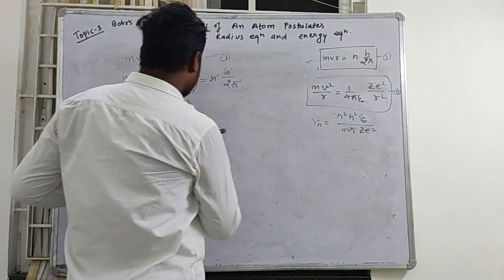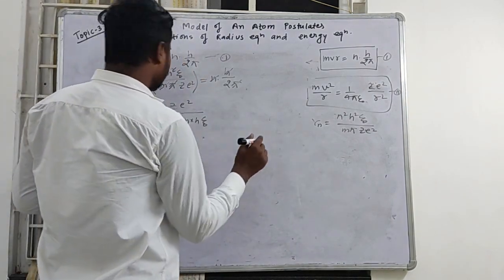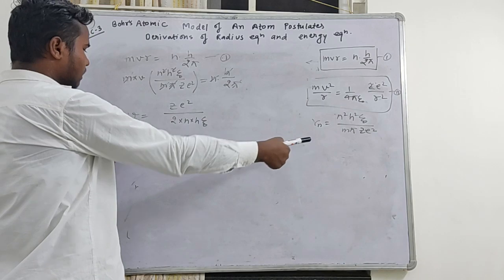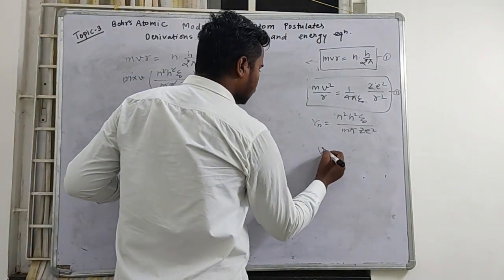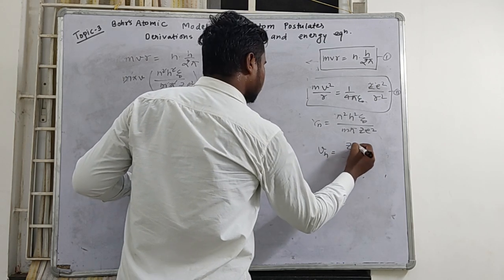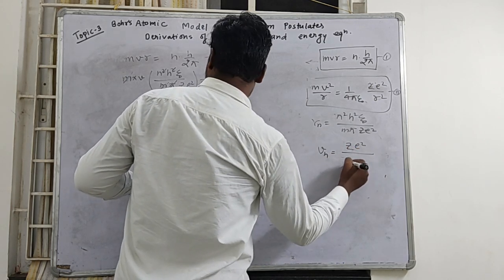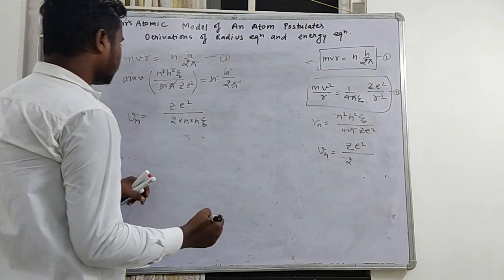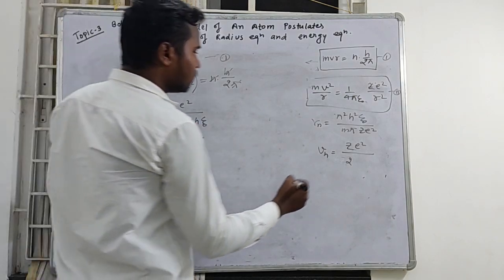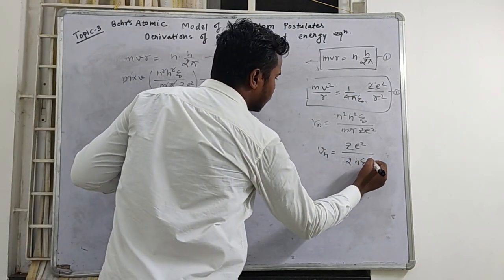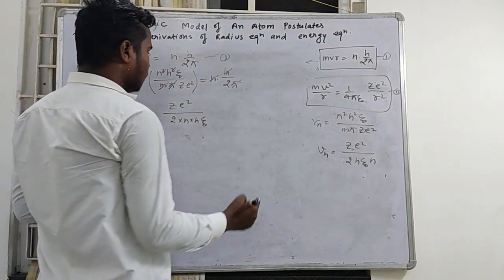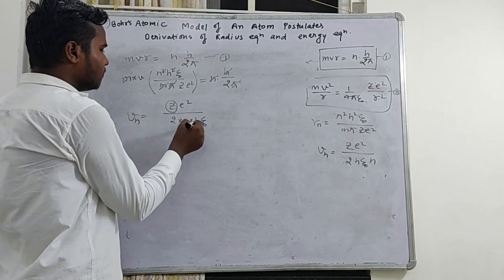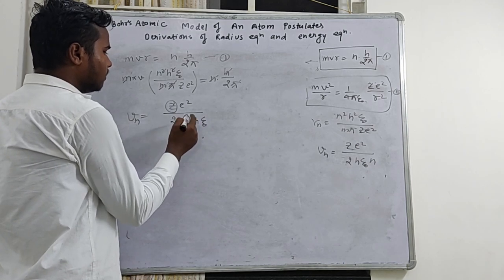This is the velocity equation. We will note this because it will also be used in the derivation of the energy equation. So Vn is equal to z e square upon 2 n h epsilon naught. Here z is variable and n is variable.